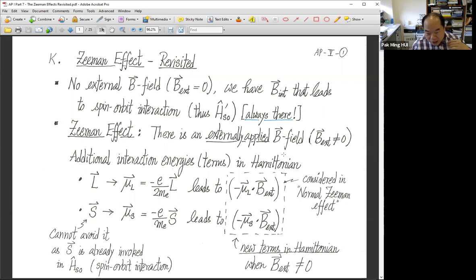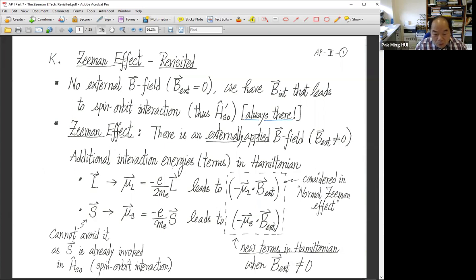Not cheating, but just do it. Think about the physics. You have an external field. We want energy terms to put into the Hamiltonian. Hamiltonian is energy. The B field will interact with magnetic dipole moments. All right? Then look for magnetic dipole moments.